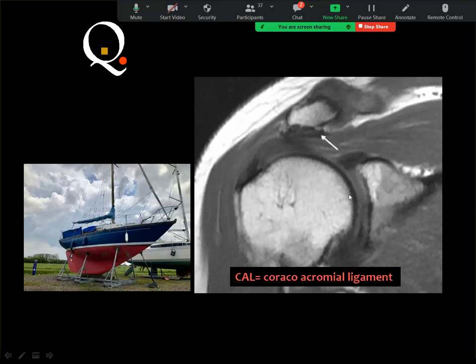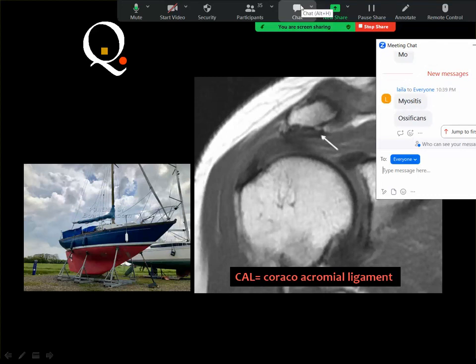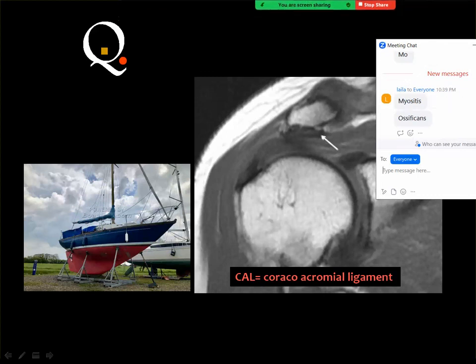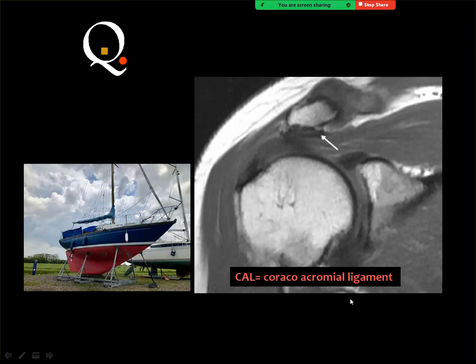Then this is MRI of the shoulder, and this arrow points to one of the ligaments, which is known as the coracoacromial ligament. This ligament is hypertrophied, as you can see, and it is considered as one of the causes of impingement.